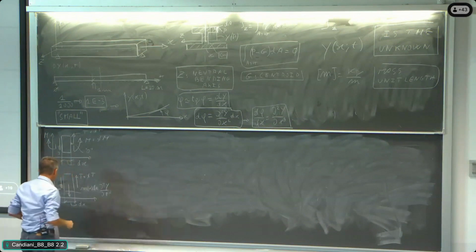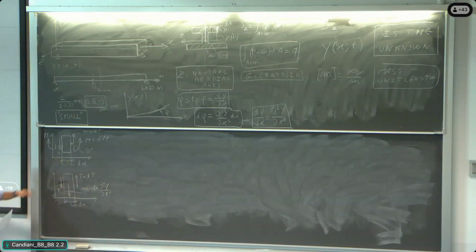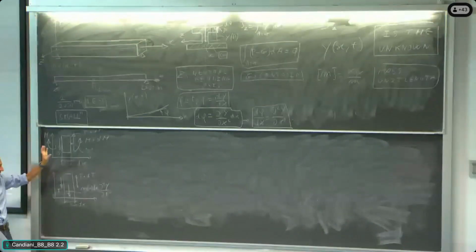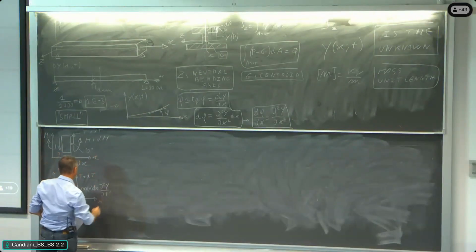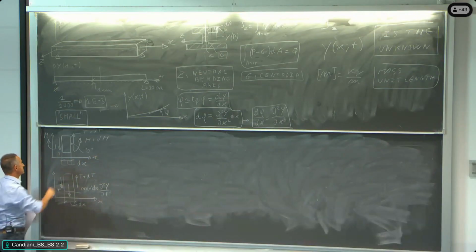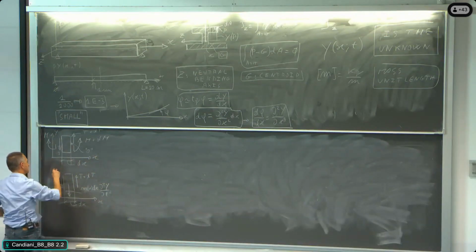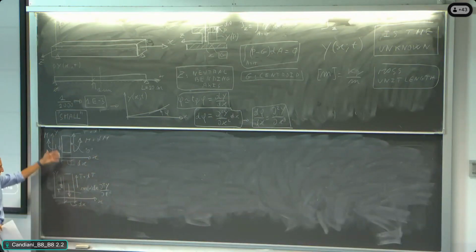All right, we start with this. So we are considering an elementary slice of the beam. This is the x-axis, and this is the y-axis, and the beam is moving in this plane.